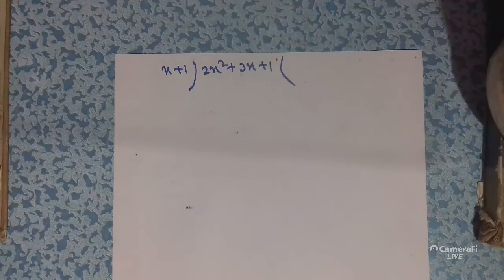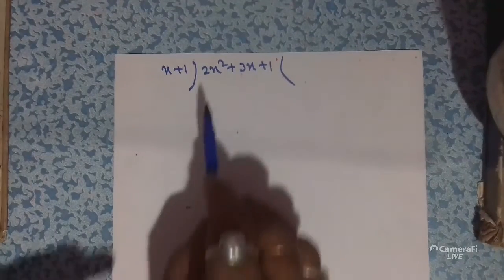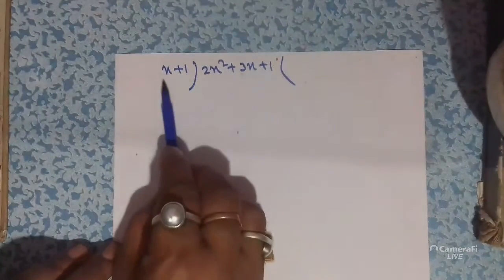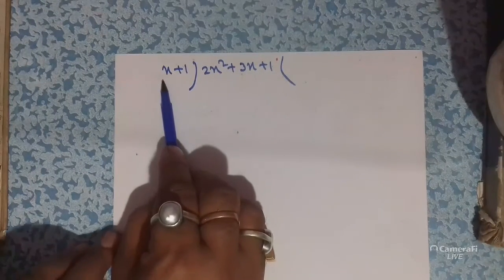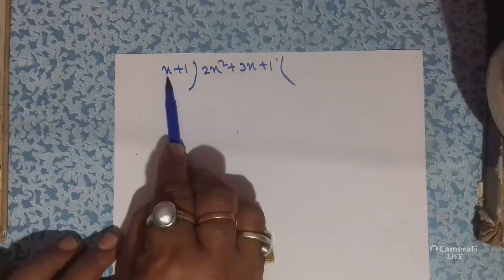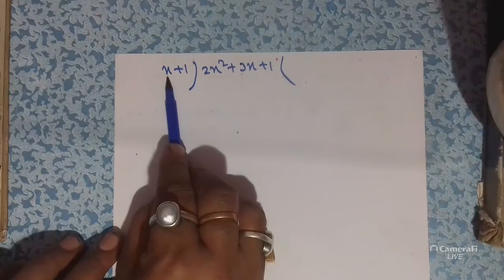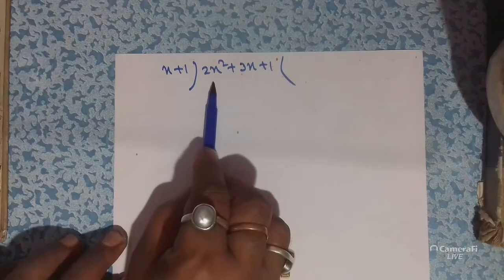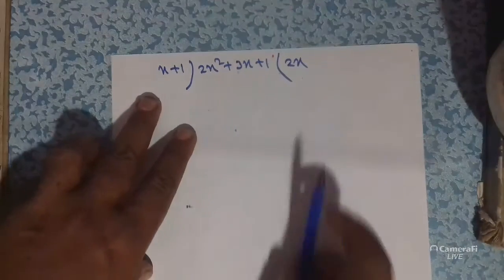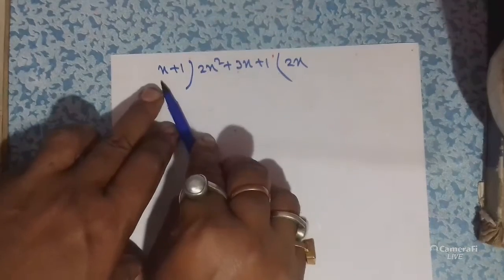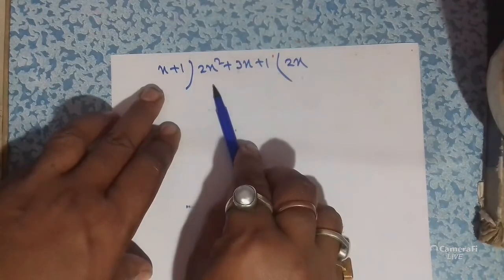Now at first we have to find 2x square by multiplying something with x. So if we multiply 2x with x, then it will be 2x square.